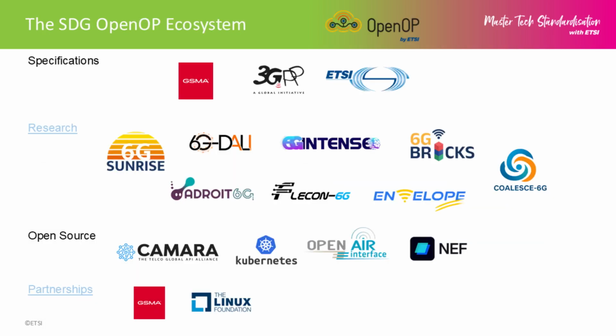It is aligned with the GSMA OPG specifications and exposes the Linux Foundation's CAMARA APIs while consuming 3GPP, ETSI, and Kubernetes APIs. It has been integrated with the 3GPP network exposure functions, and its research ecosystem is also rapidly growing.